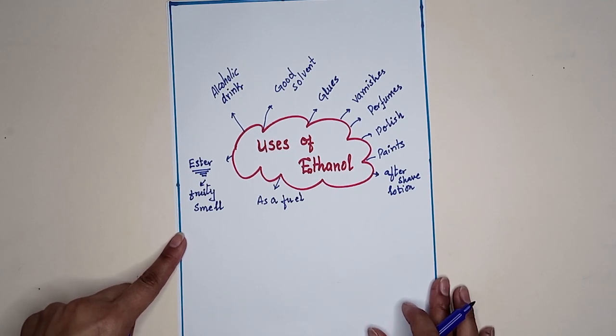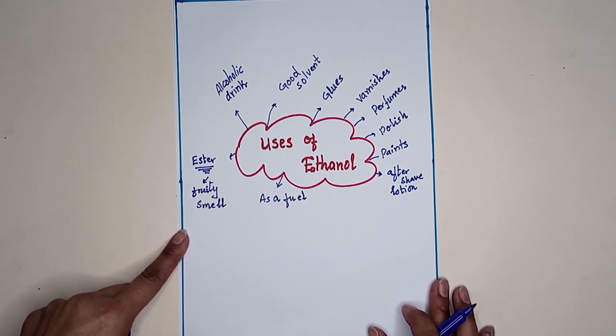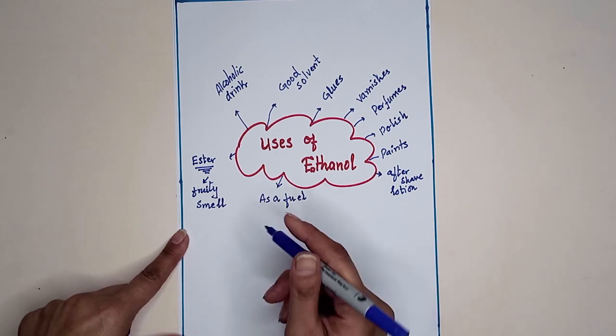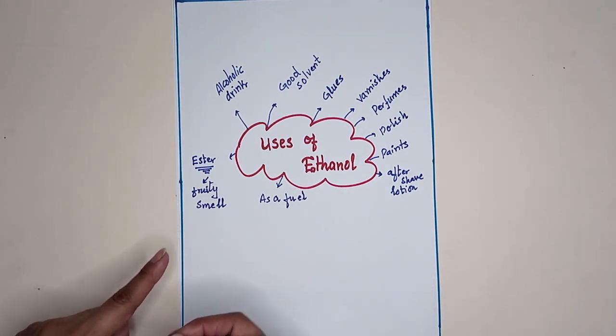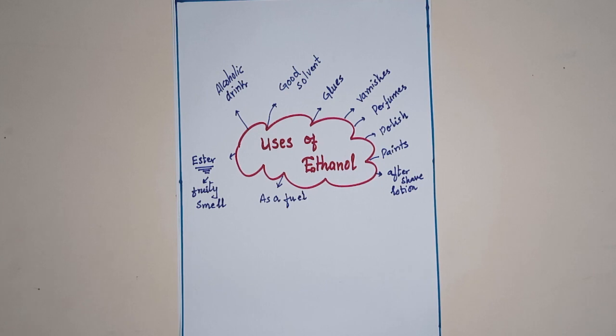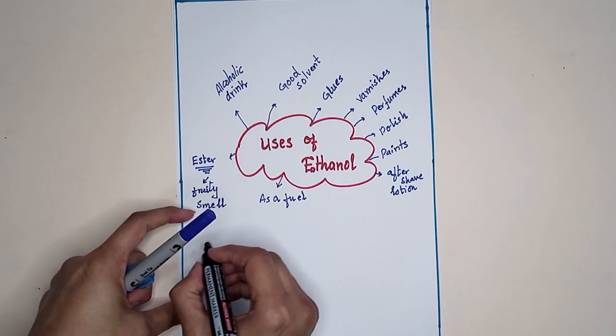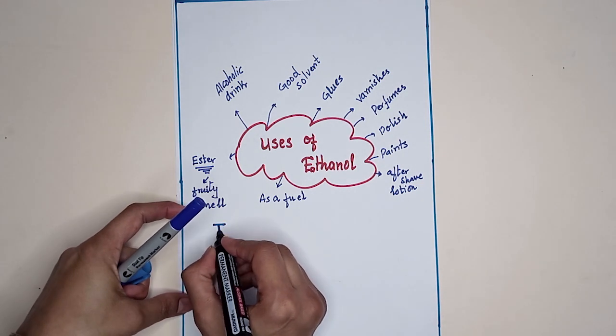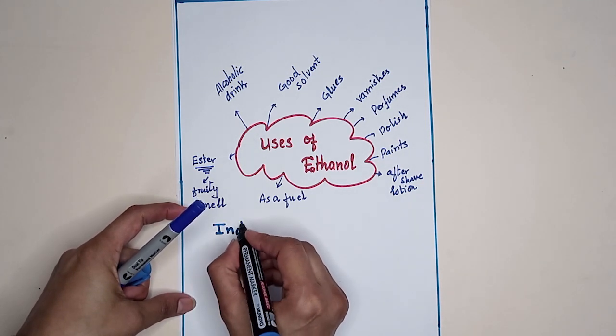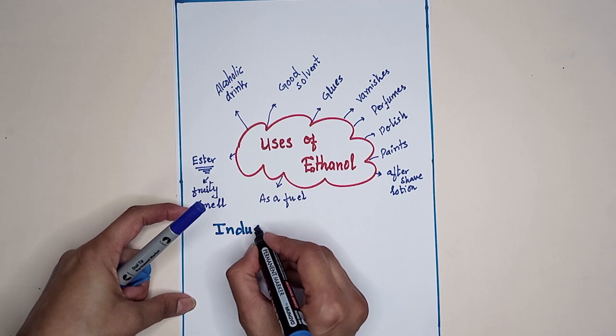Then we will talk about its manufacture, how it is prepared, industrially or on a small scale. In industrial manufacture, ethene reacts with steam.